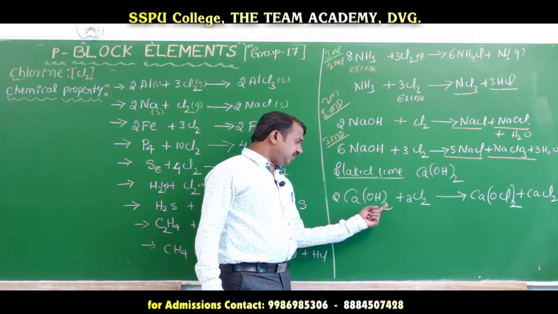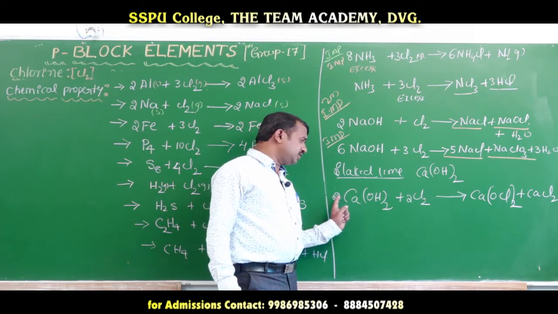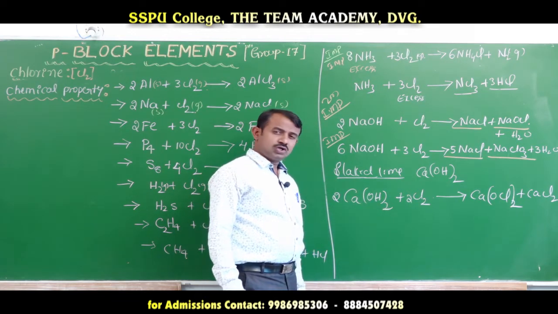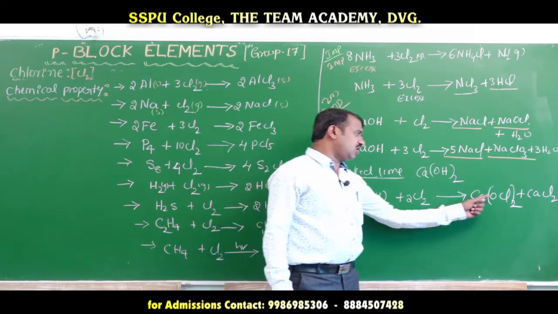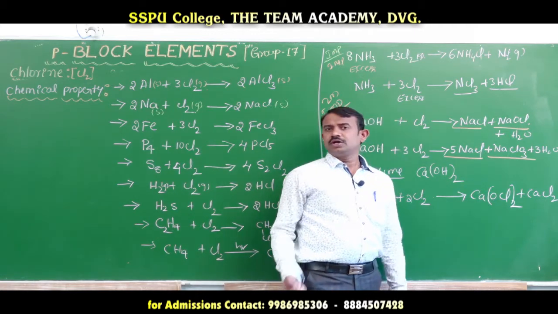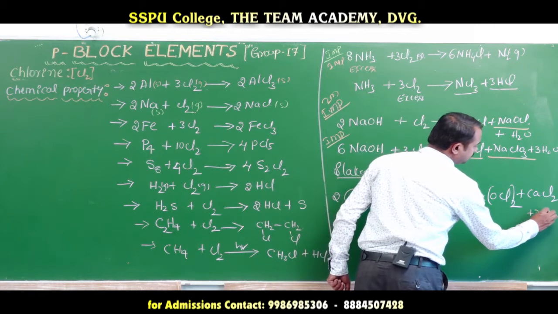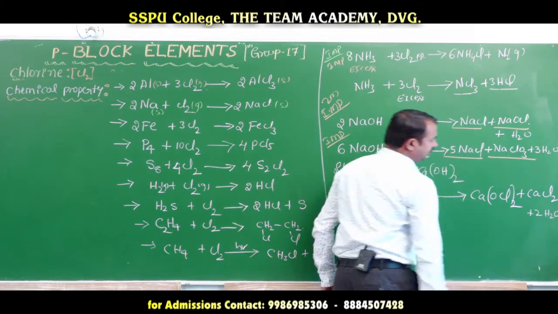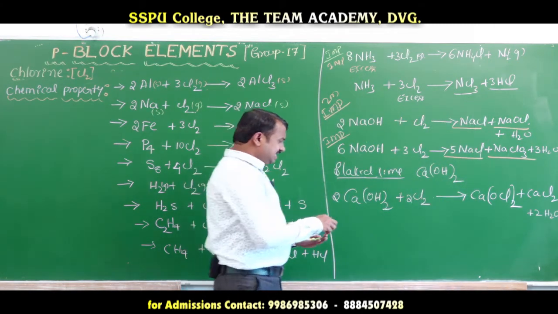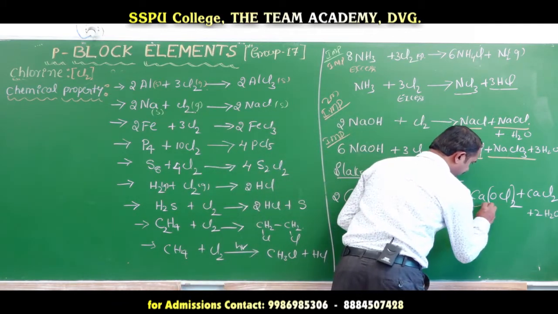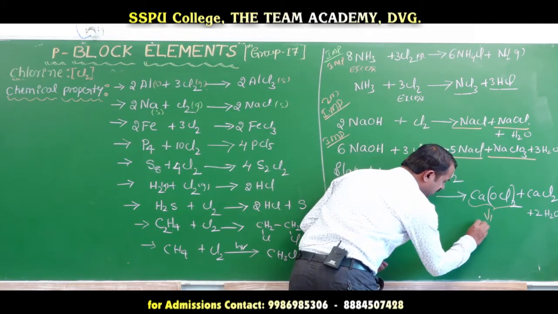Here how many hydrogen? 4 hydrogen, 4 oxygen. Of the 4 oxygen, already 2 oxygen are consumed. 2 oxygen, 4 hydrogen give 2 molecules of water. This is also called bleaching powder.